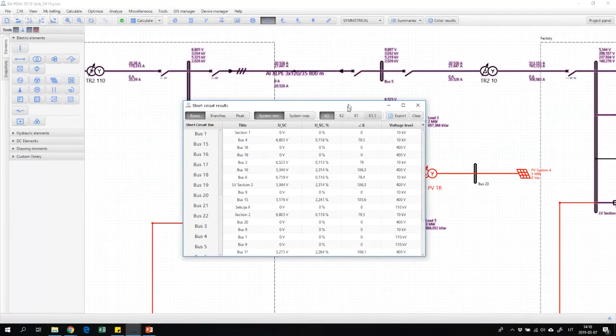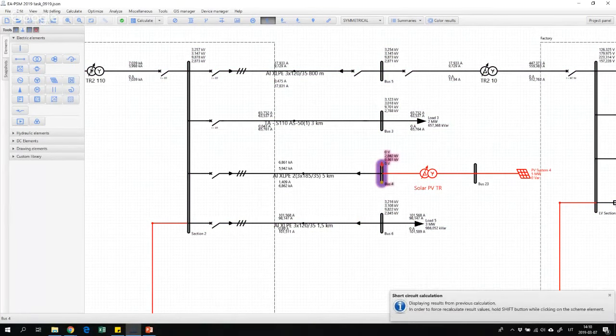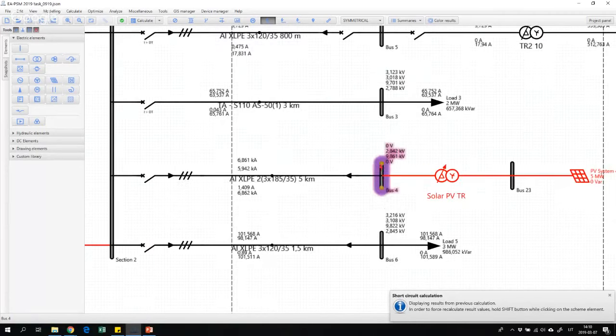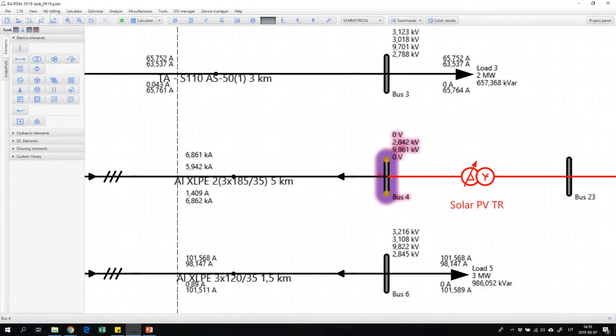When we do calculations of the short circuits, we can analyze and look at the short circuit results in the whole network by simply selecting any bus. I will assume that the short circuit is at, for example, bus 4 in this case.